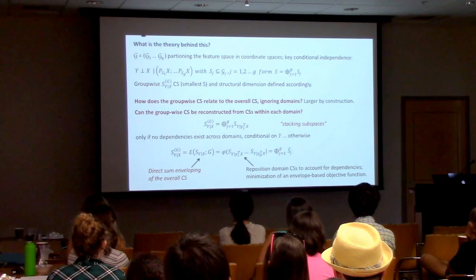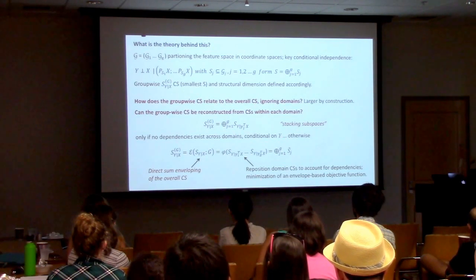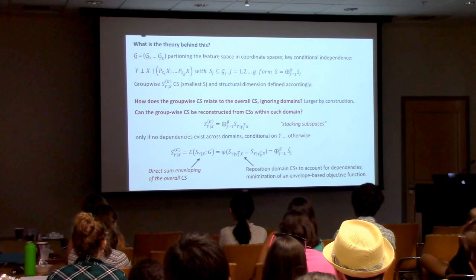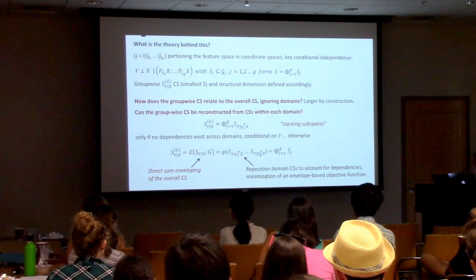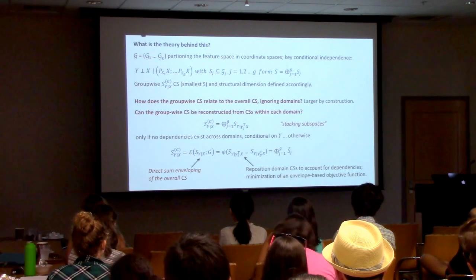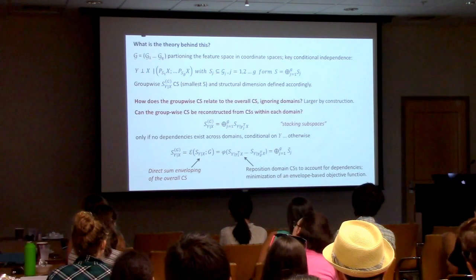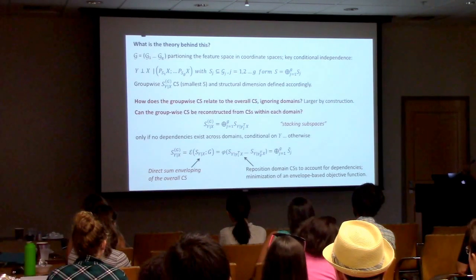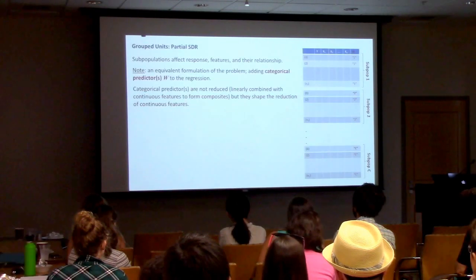If there weren't any, or if there weren't any conditional on the response, then you could just stack them. Reduce, reduce, reduce, reduce, stack. But since there may be dependencies, you need to account for them. So you reduce, reduce, reduce, reduce, and then do something very smart that repositions the spaces that you have obtained within each domain to account for these dependencies before you stack them with each other.